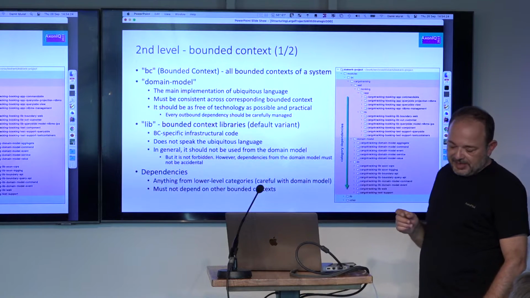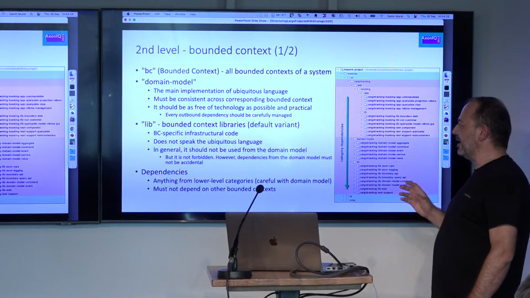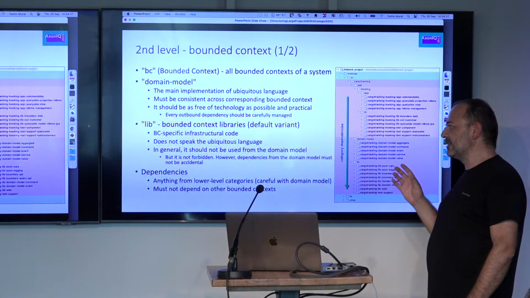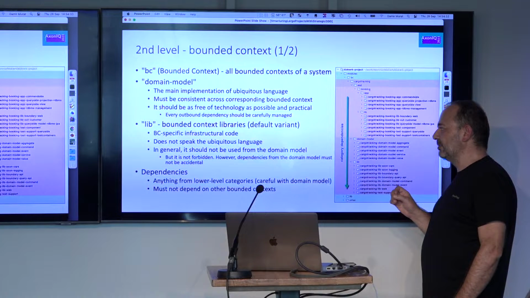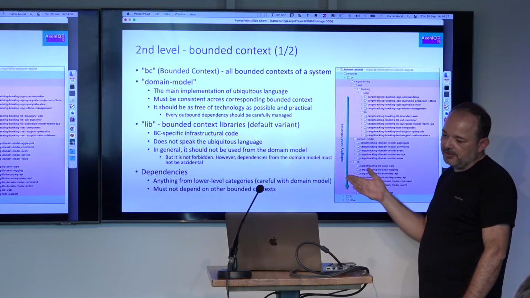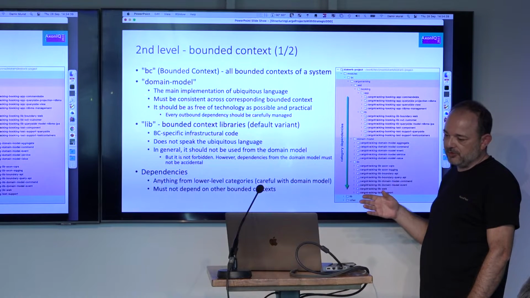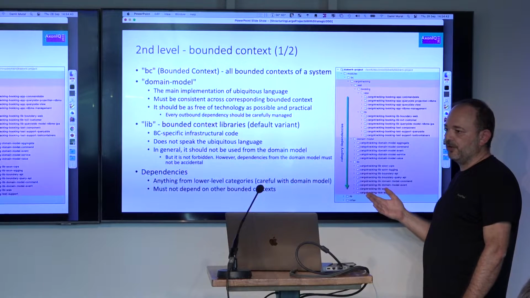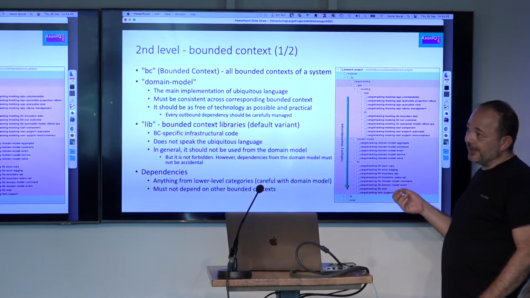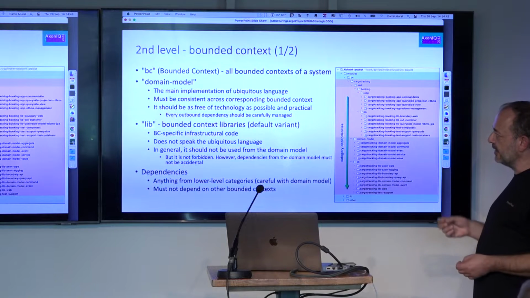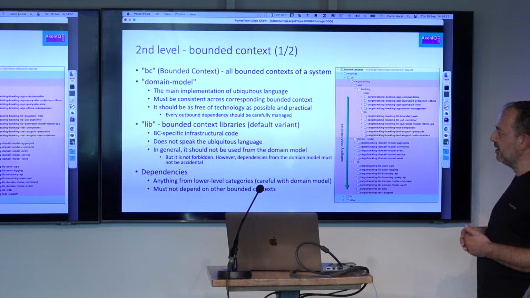Regarding bounded context libraries, there are two ways to arrange them. What you see here is the default variant. It consists of a single lib directory, and all modules in there will contain purely infrastructural code, meaning they do not understand anything of your business logic, but they can be, under special, controlled cases, used as a dependency from a domain model.